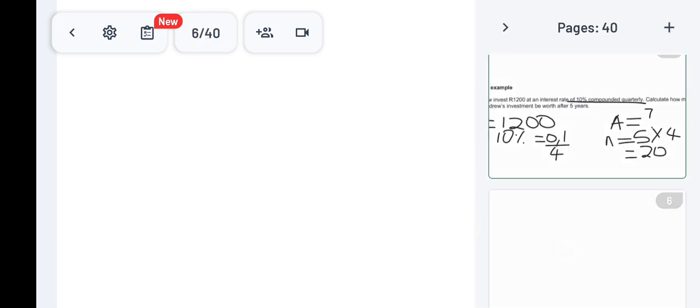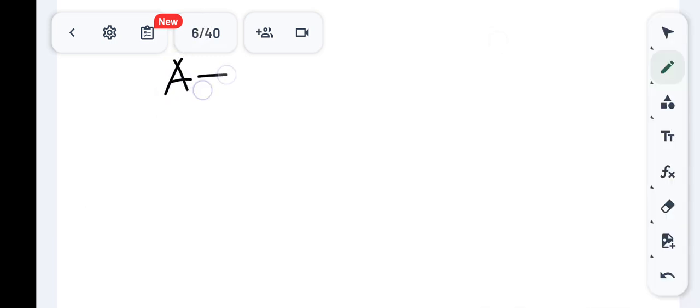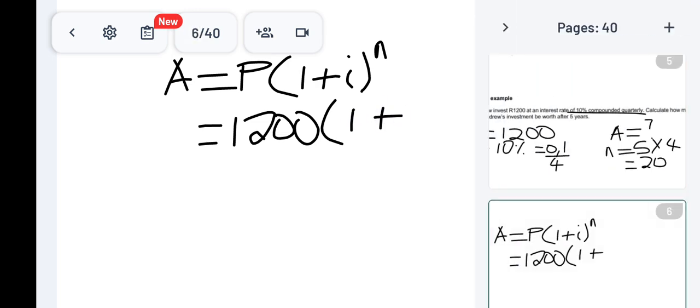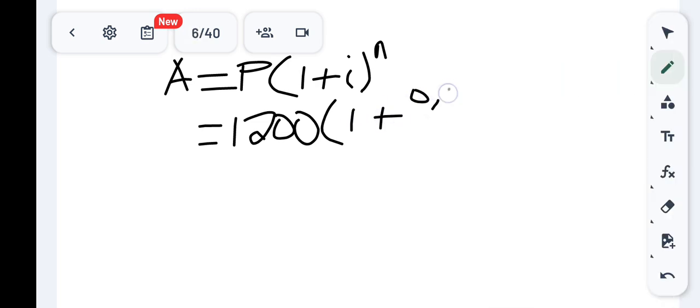So let's write our formula down. A is equal to P, 1 plus i, all to exponent n. Our principal amount is 1,200, into 1 plus the interest rate 0,1 divided by the compounding period, quarterly, 4, then the exponent is 20, since we multiplied 5 by 4.